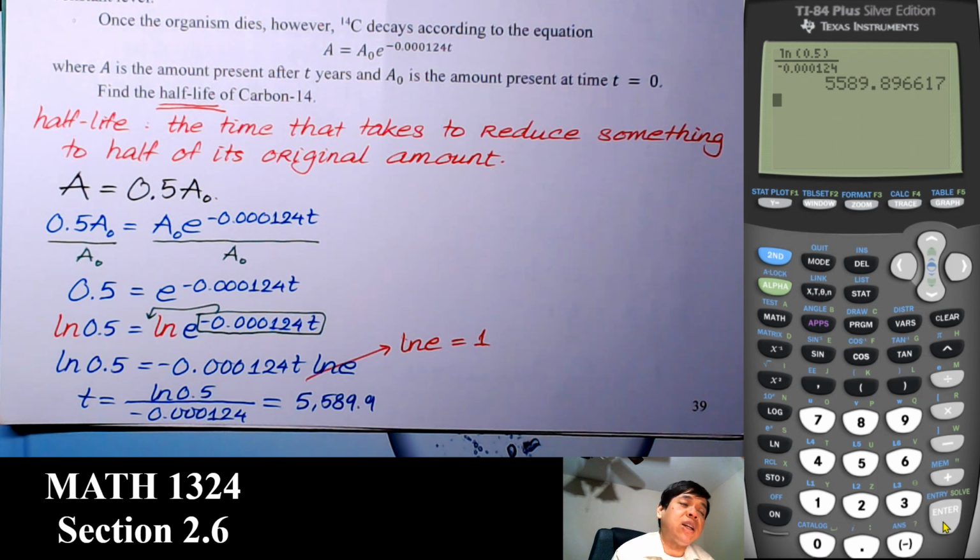So in that case, we can find the percent of carbon-14 present in that bone, and we can calculate the time. If it is half of its original amount, that means that bone is 5,590 years old. That is called carbon dating.